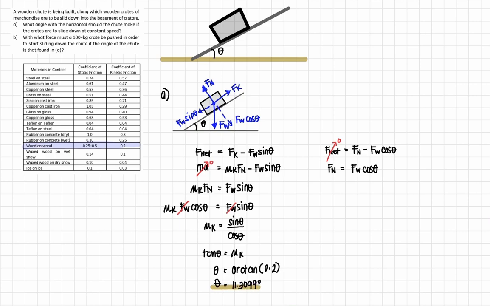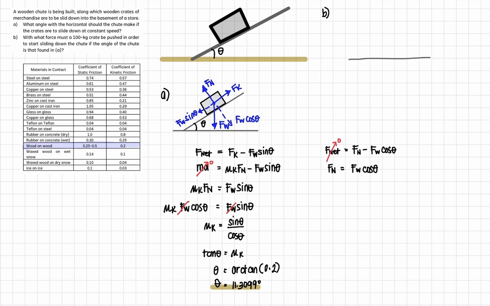Now for letter B, the question is, what force must a 100-kilogram crate be pushed in order to start sliding down the chute if the angle of the chute is that found in A? To start sliding down, what does that mean? How much force must be applied to start sliding down, which means we're talking about static friction.